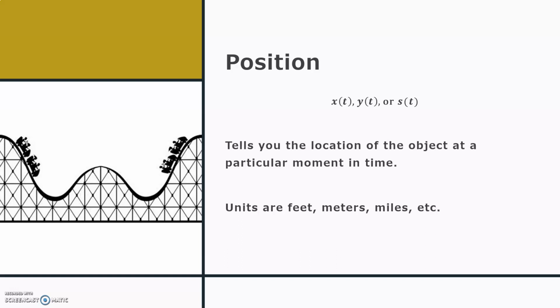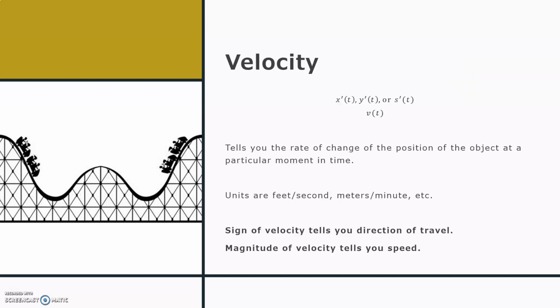Your independent variable is t, so if you take a derivative with respect to t, you get a change in position divided by a change in time. So it'd be like dx dt. And dx dt, or dy dt, is velocity.